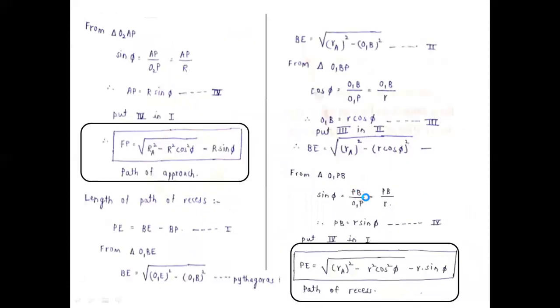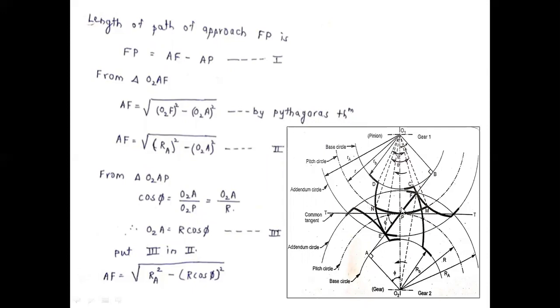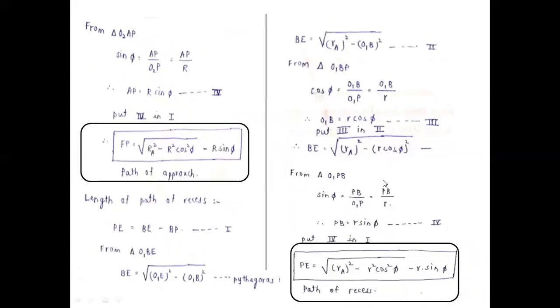This PB is the opposite side of phi, so we are using the relation sin phi is equal to PB divided by O1P, where O1P is again small r, the pitch circle radius of the pinion. So PB is equal to small r sin phi.